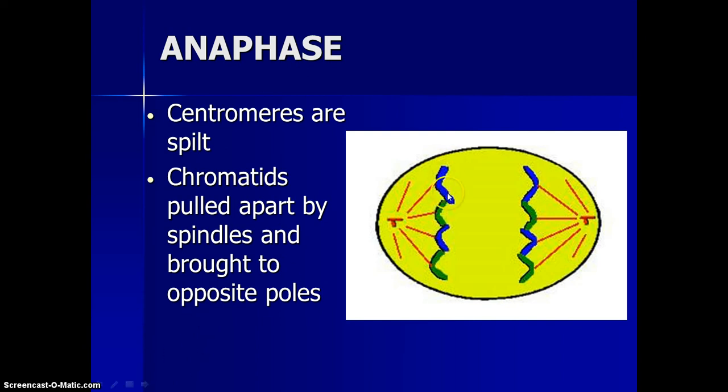So here you just have half of your chromosome, or your one sister chromatid, with your other sister chromatid on the opposite side, because it was pulled by the spindle fibers and your centrioles. Kind of think of it like Spider-Man when he shoots out his web. His wrist would be like the centriole. This is the web, and then it's hooking on to whatever he needs to hook onto, but here it would be your chromatids.